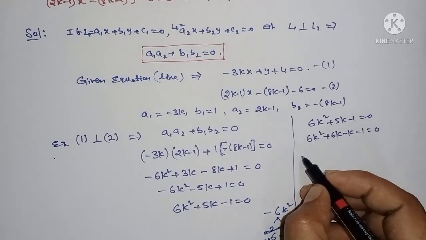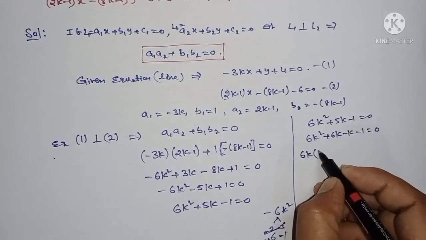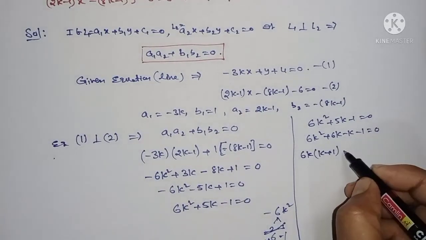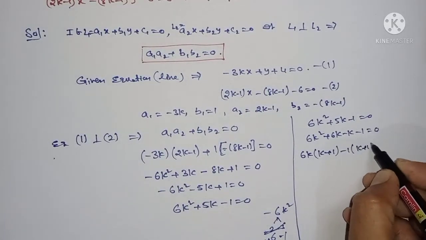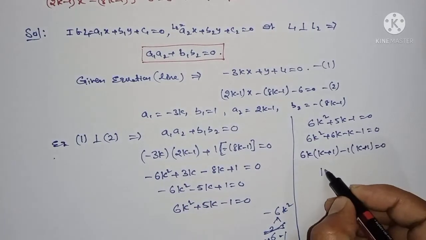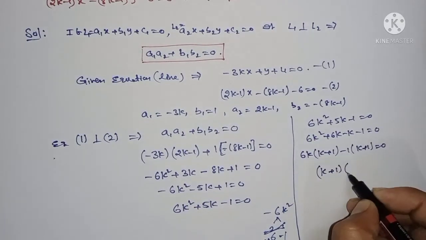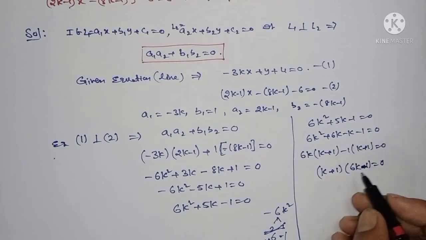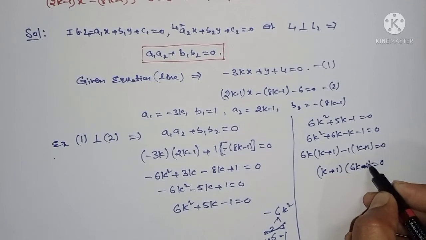In these two terms you can take 6k common, k plus 1. In this term you can take minus 1 common, k plus 1 is equal to 0. Therefore it is k plus 1 of 6k minus 1 is equal to 0.